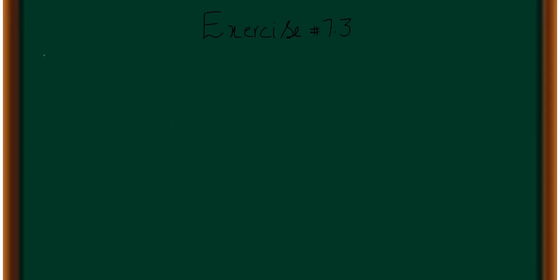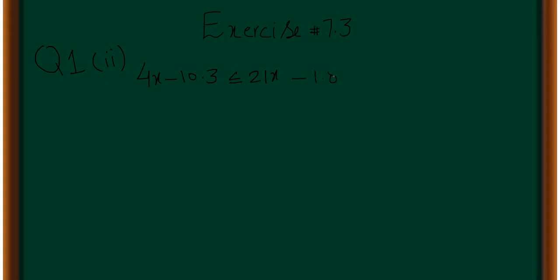Question number 1, part number 2, open your textbook, page number 141. Its part number 2 is 4x minus 10.3 less than equal to 21x minus 1.8.